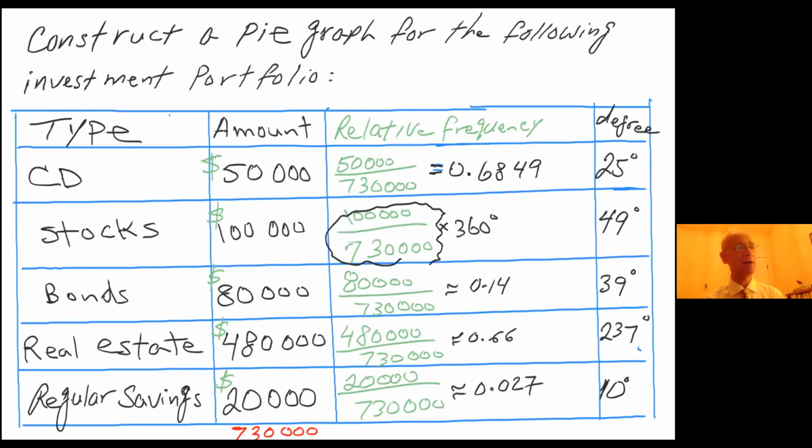We were given the amount. What we calculated were relative frequencies, and we multiplied the relative frequency by 360. Every circle has 360 degrees, and that gave us the portion for that part of the portfolio. I hope you like this. All right, thanks.